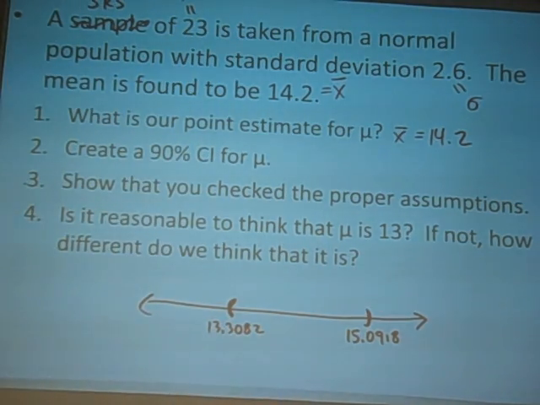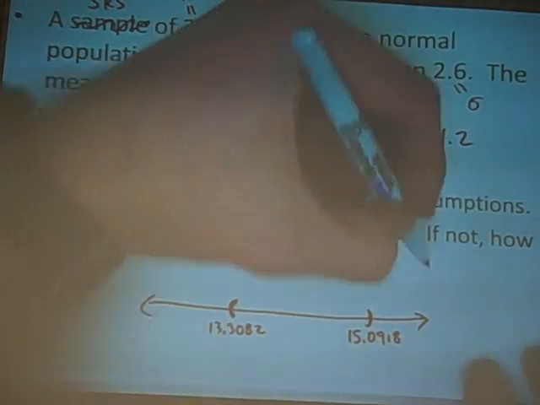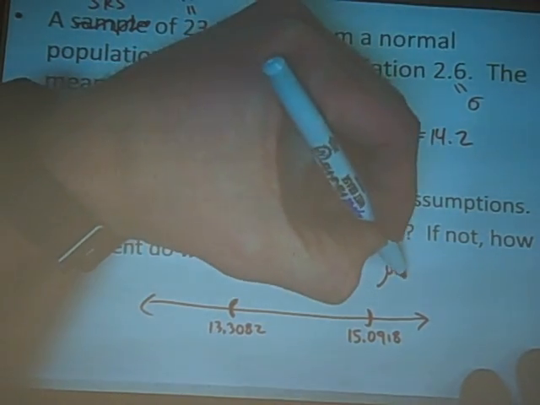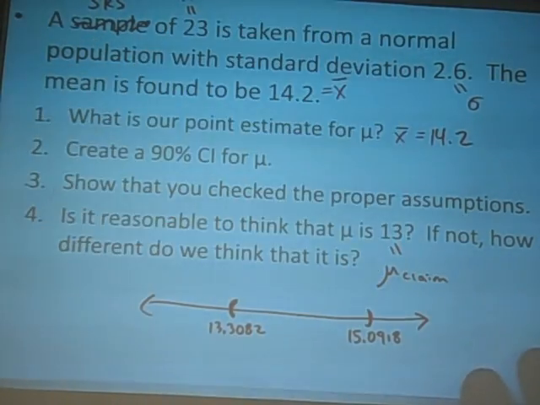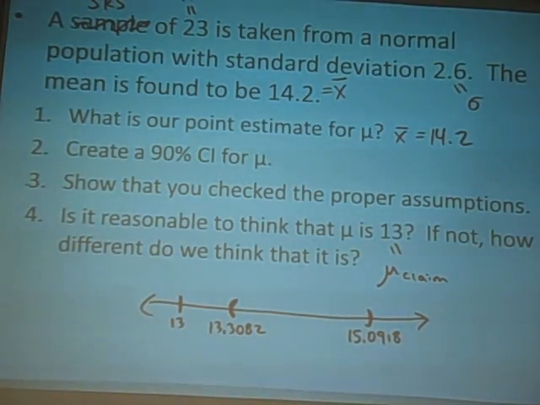Okay? And the claim value, that's what this is right here. People sometimes call this mu claim, because somebody's claiming that's what mu is. So mu claim is 13, that's right here. My drawing's not to scale, by the way.